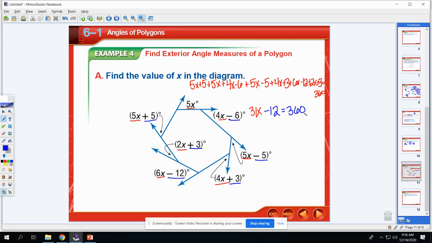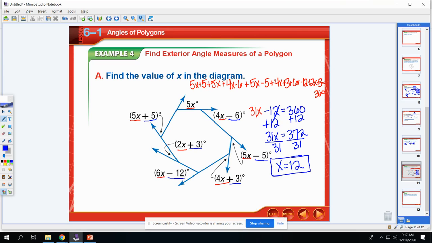Go ahead, add that 12 to both sides, and then we are going to divide by 31. So 31x equals 372. Divide both sides by 31, and we get x equals 12.